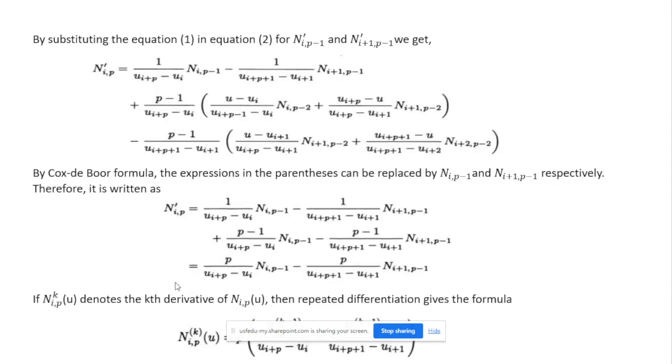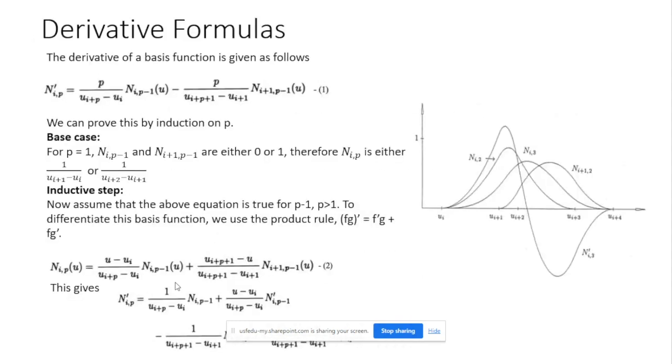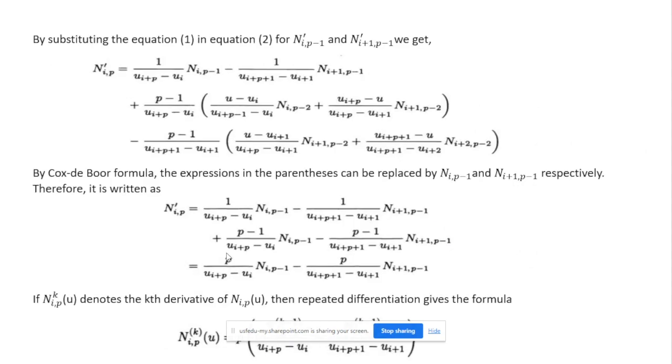So substituting equation 1 in equation 2, for N dash of i,p-1 and N dash of i+1,p-1, we get this below equation. From this equation, by the Cox-de-Boer formula, we can substitute the values in this parenthesis by N_i,p-1 and N_i+1,p-1 respectively. Therefore it can be written as this below equation.